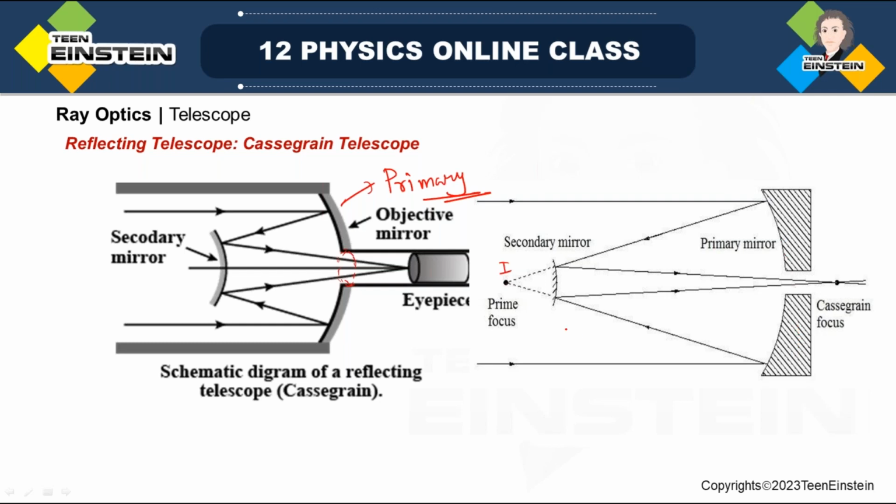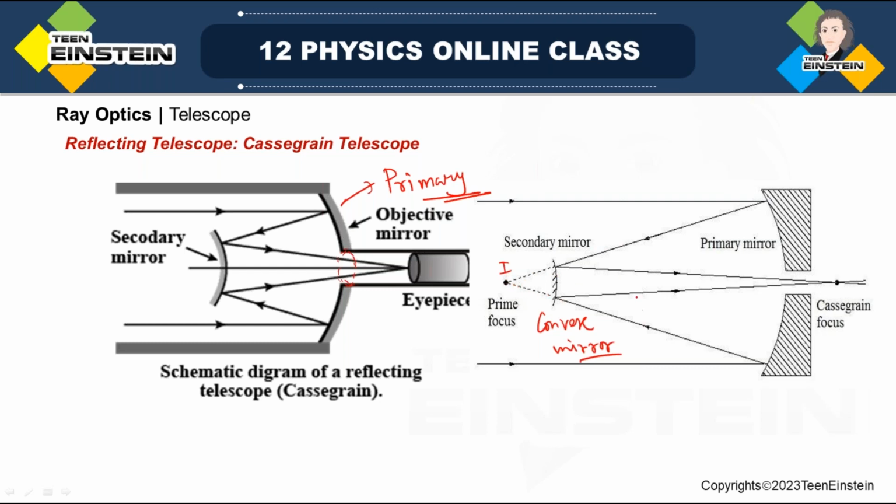In the case of the Newtonian telescope, this was a plane mirror kept at a 45-degree angle, but here it is actually a convex mirror. This convex mirror will reflect the rays which are coming to meet at the prime focus to make an image.